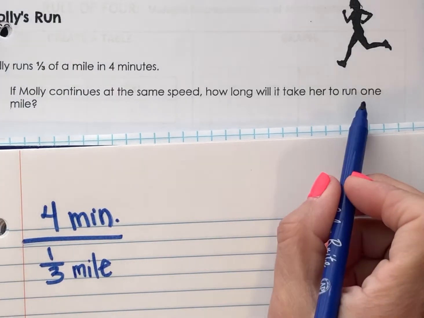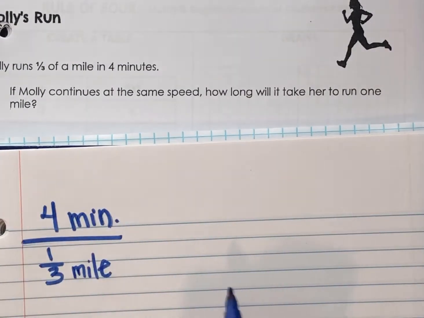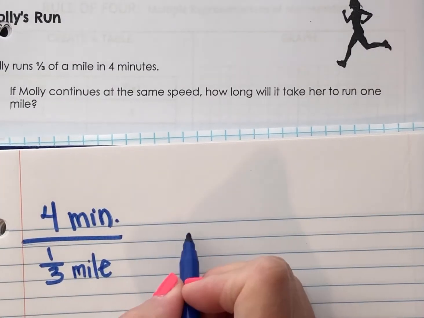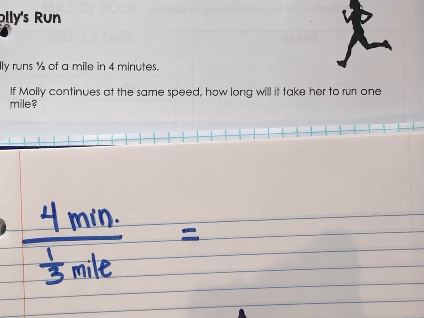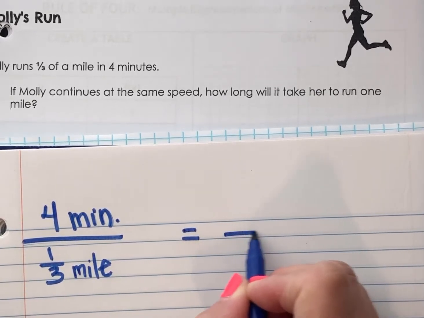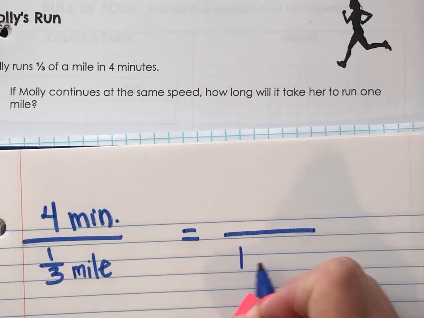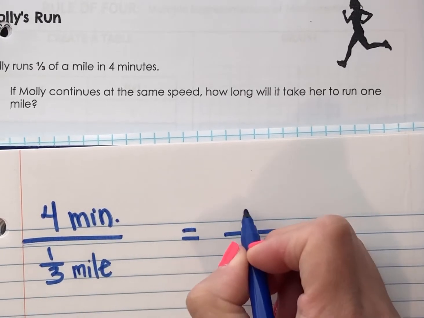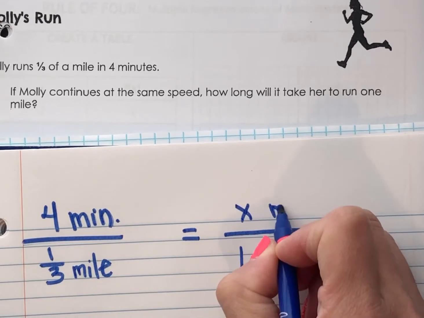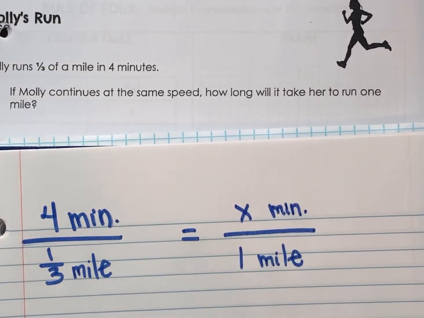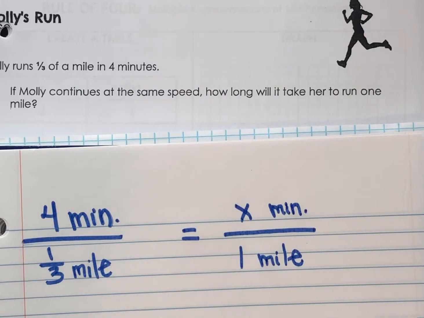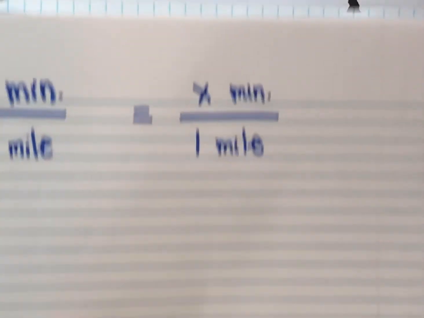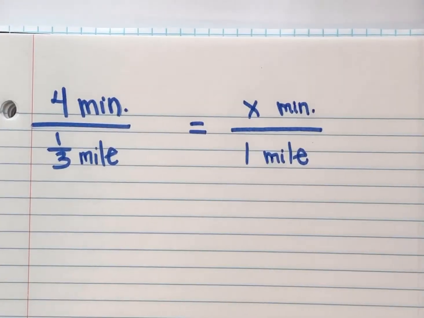So we need to get it to a unit rate of 1 mile. Somehow this proportion needs to equal 1 mile. And we need to know how many minutes it is going to take her to run 1 mile. So this would be your rate.